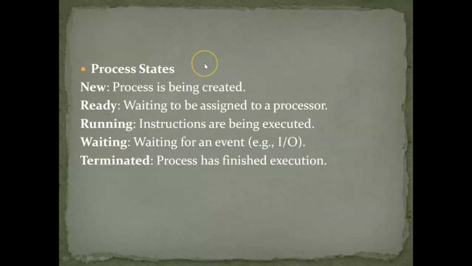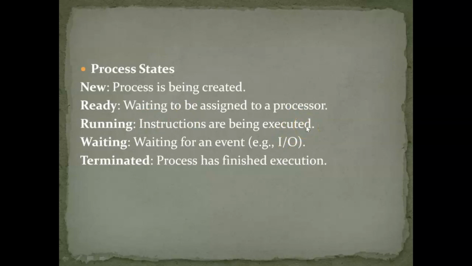Usually a process goes through some states. Let's see which are they. The first one is new. When a process is created, that first stage is known as new. Next is ready, where it waits for the processor, because to run the process you need the processor. Running is the next stage, where instructions are being executed.